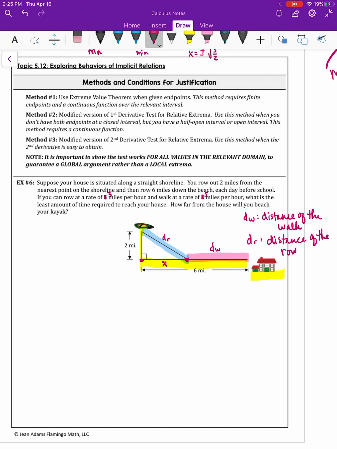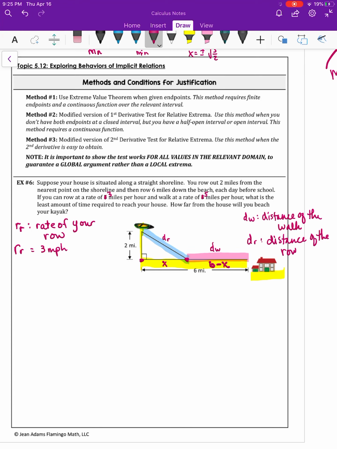We're going to call that x. So you're going to row a certain portion of a mile, probably, away from that perpendicular 2 miles out. What would be left here would be your 6 minus x, because that whole thing is 6 miles. Now, it tells you can row at a rate of 3 miles per hour.